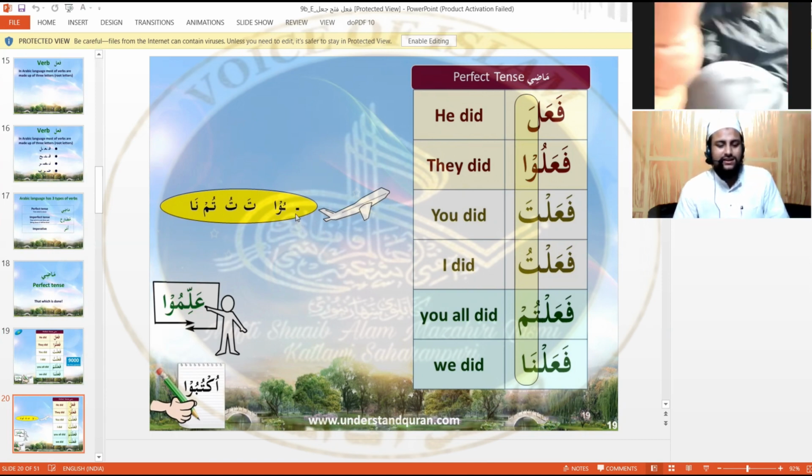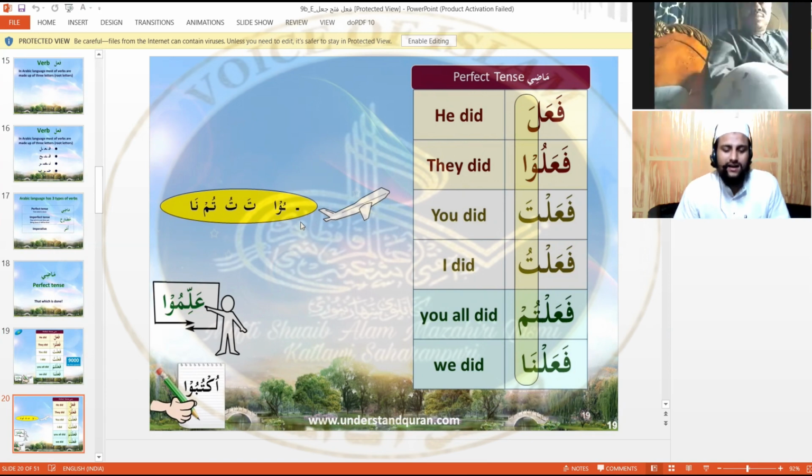So the sound is a, like lam fatha la. So a, u, like fa'alu; ta, like fa'alta; tu, like fa'altu; tum, like fa'altum; na, like fa'alna.